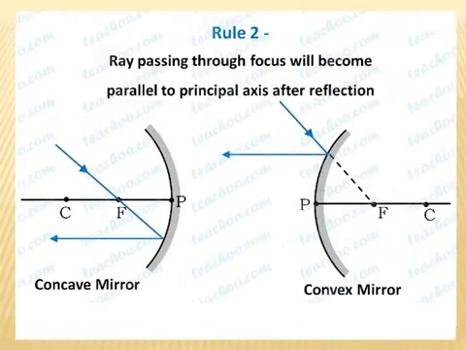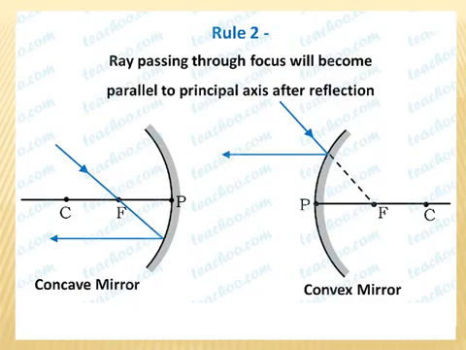This is rule number 2. Rule number 2 is the opposite of rule number 1. In rule number 1, we saw that any ray which travels parallel to the principal axis passes through the principal focus after reflection. Now see the left side diagram, the concave mirror. The first line is passing through the principal focus, and it gets reflected parallel to the principal axis.